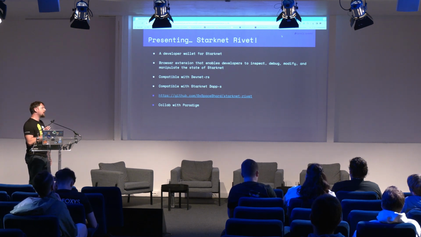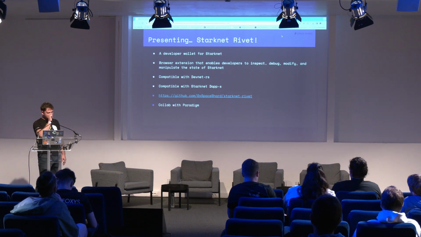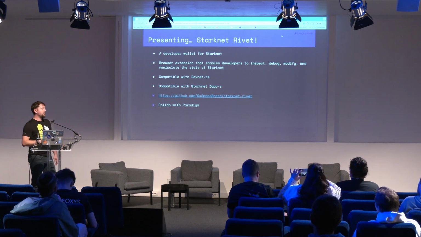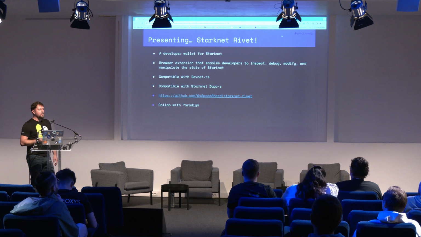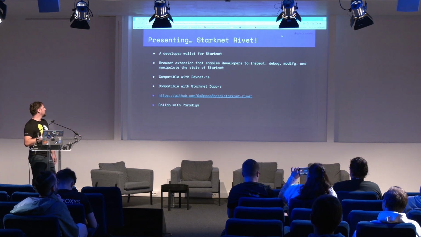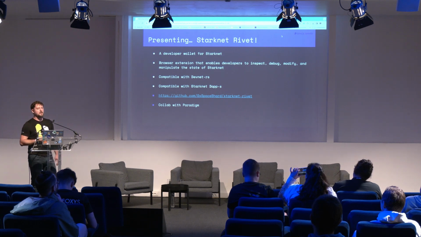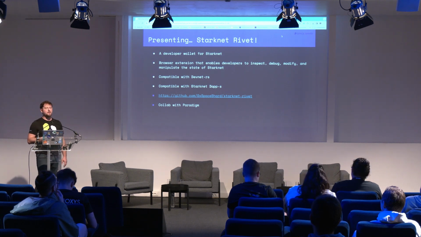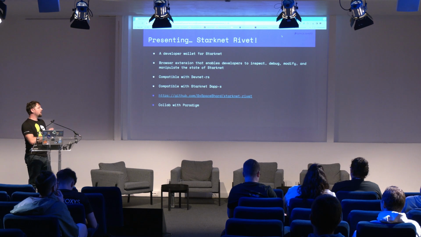To go one step back, we worked for the last 8 months on developing a new wallet API also. And this is one of the first wallets that we use for testing the new RPC API. So now all dApps and all wallets communicate through the same protocol.